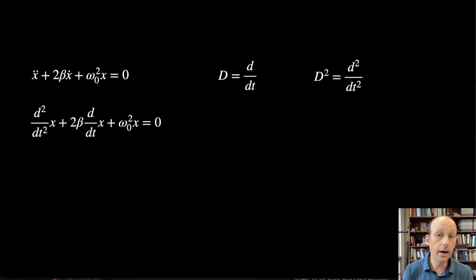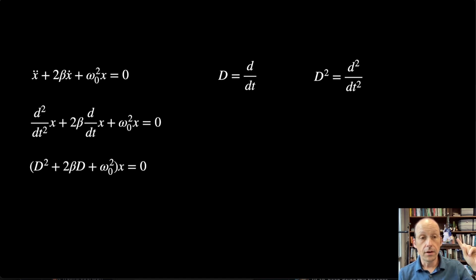So D squared would be the operator operating on itself, which is the second derivative with respect to time. If I do that, I can write the differential equation like this: the whole operator, D squared plus 2 beta D plus omega naught squared, all operated on x, is equal to 0.